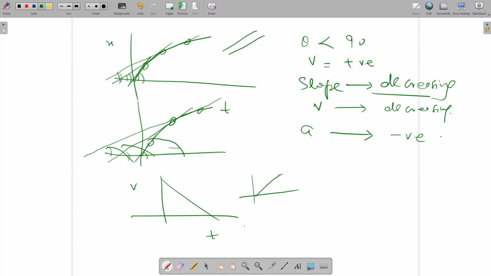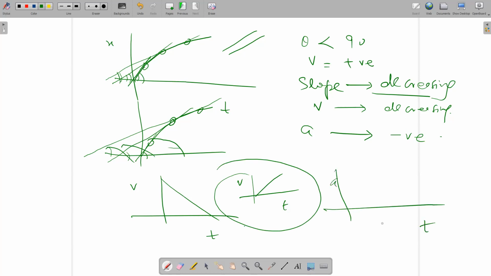The constantly increasing graph of VT is this one. This is constantly increasing. This is constantly decreasing. So what will be the acceleration time graph? The acceleration time graph will be negative, but constant, this one. If your case is this one, then acceleration will be positive and like this one.